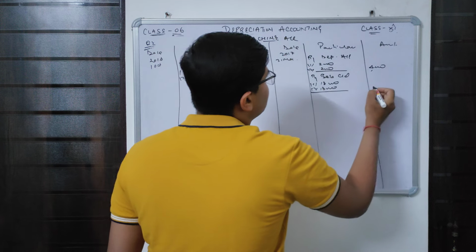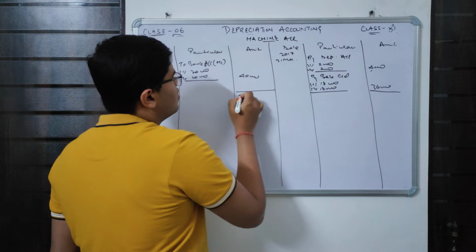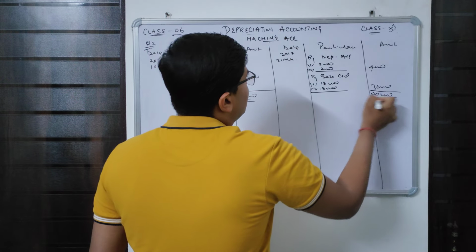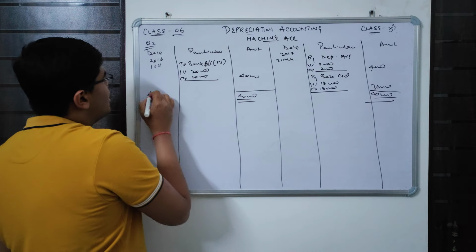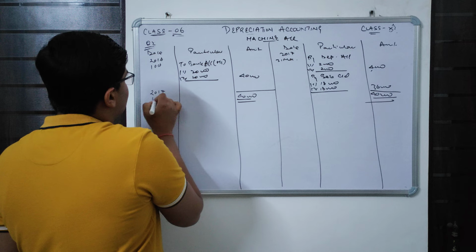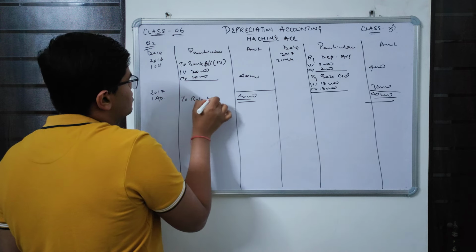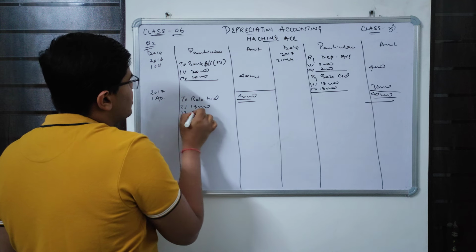So if we total it, we will get 36,000. So now we will write 40,000. Again in the next part we will have this balance brought down here, that is 2017, 1st of April, to balance brought down. So the balance brought down will be 18,000 and 18,000.